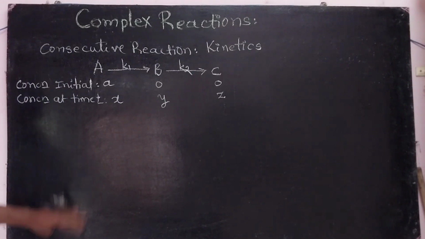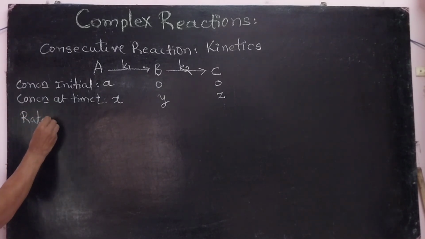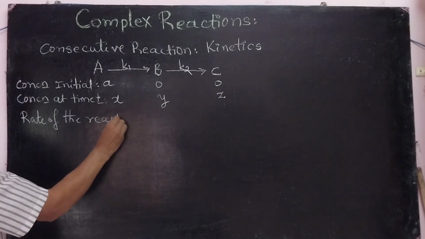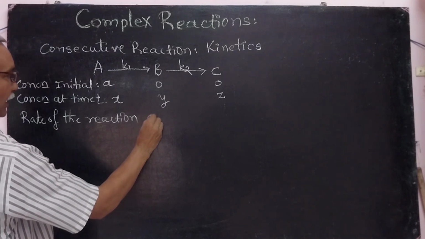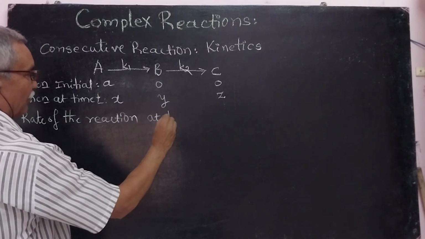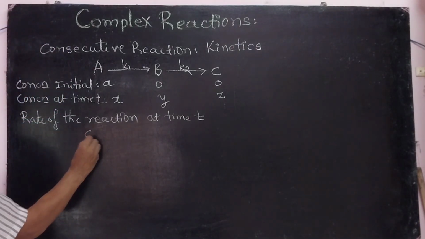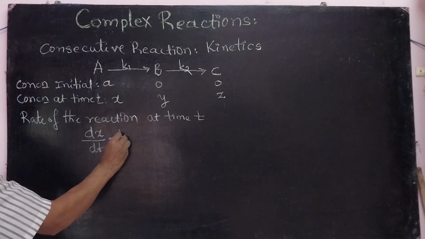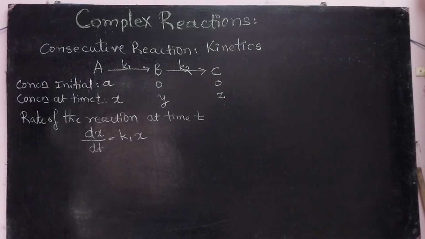Now the rate of the reaction at time t is equal to dx by dt, which is equal to k1 into x.